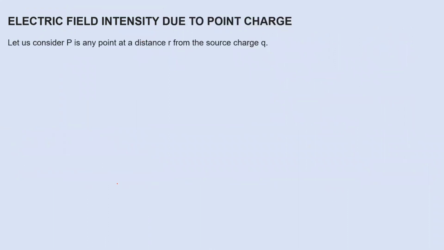Now we will see the electric field intensity due to a point charge. For this, we will consider a point A, and at this point I'm placing the source charge Q. And at a distance r, I'm placing the test charge. So P is any point at a distance small r from the source charge. Clear?